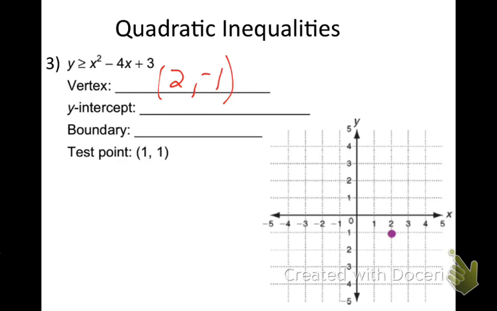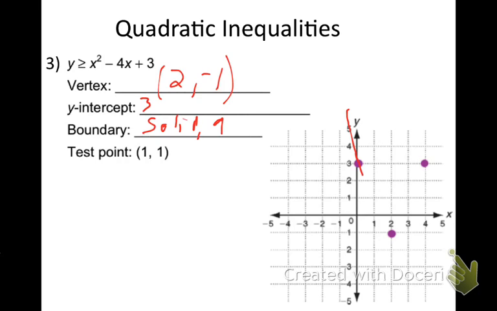Okay. What's my y-intercept, Garrett? 3. So I plot 3. And then I need to plot the what, Andy? Reflection. Solid or dash line, Phil? Solid. And do I shade above or below? Shade above.